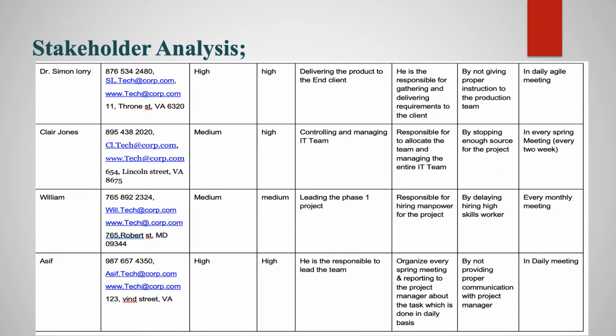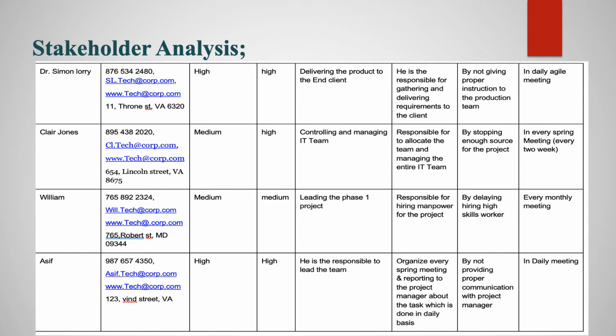His role is a very important role in this project, so that's why I put high. He is the one delivering the product to the end client, responsible for gathering and developing requirements for the end client.